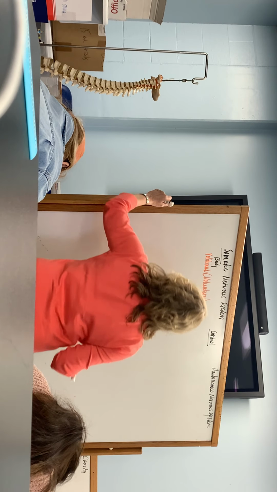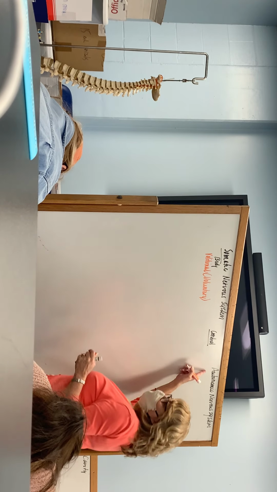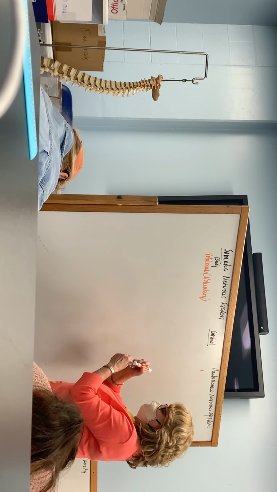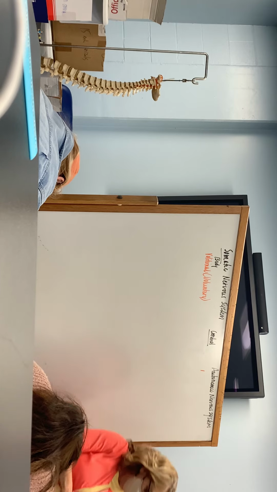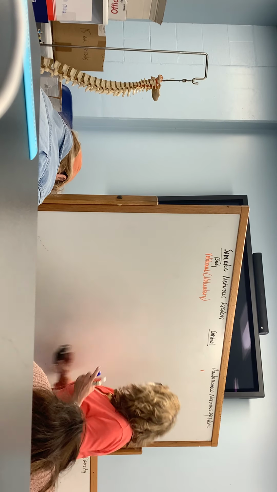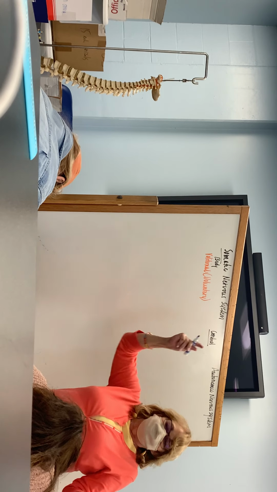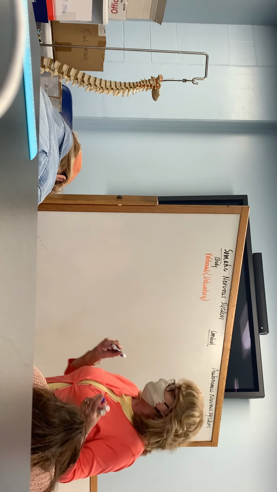Right? You control it. So this one is what? Involuntary. And what color is it? Blue. Orange and blue.